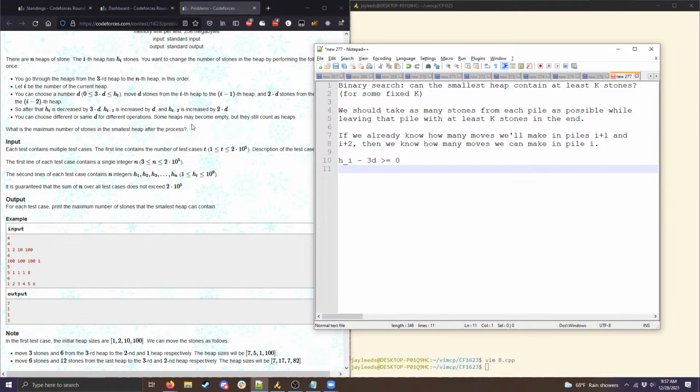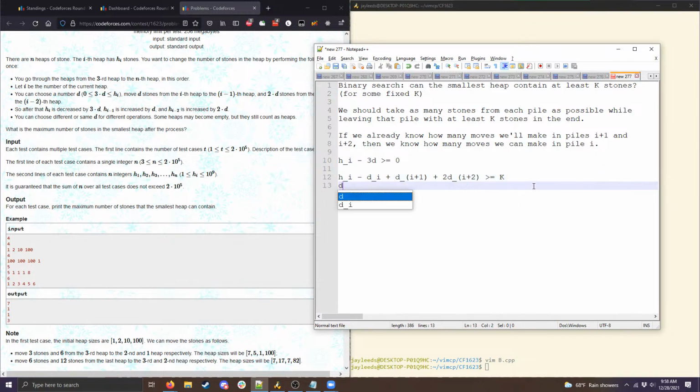And secondly, h_i minus 3d_i, the number of stones left in pile i, plus d_{i+1}, the number of stones that we get out of the next pile, plus 2d_{i+2}, has to be greater than or equal to k. What this condition is saying is that the number of stones we have after processing all the moves has to be at least k.